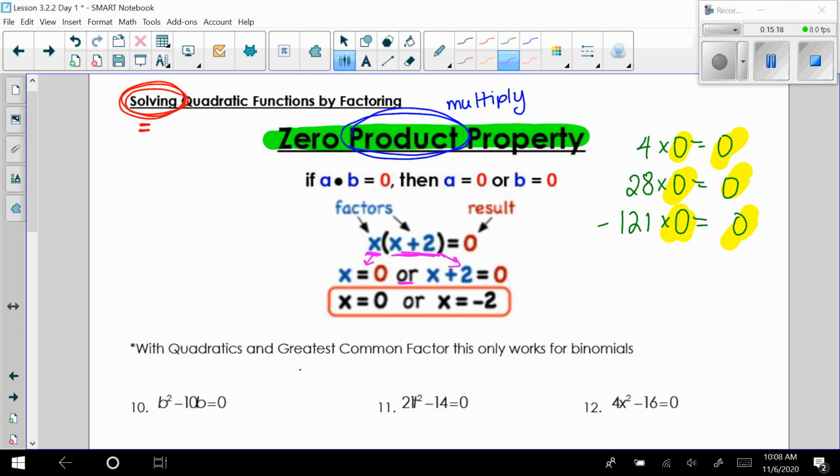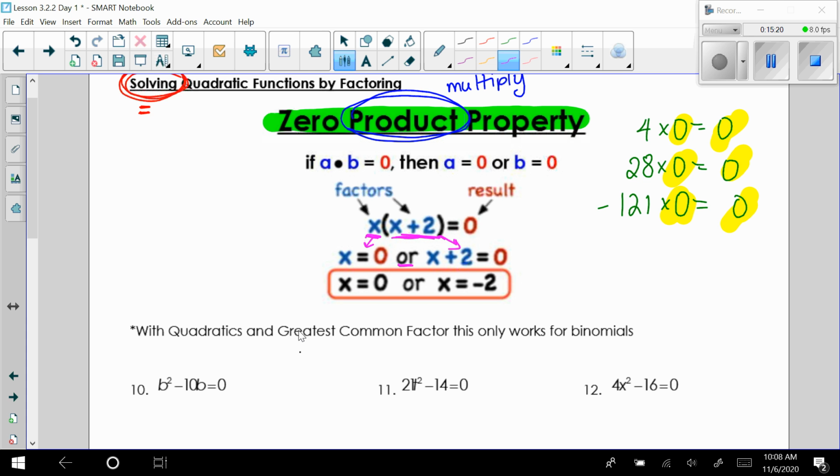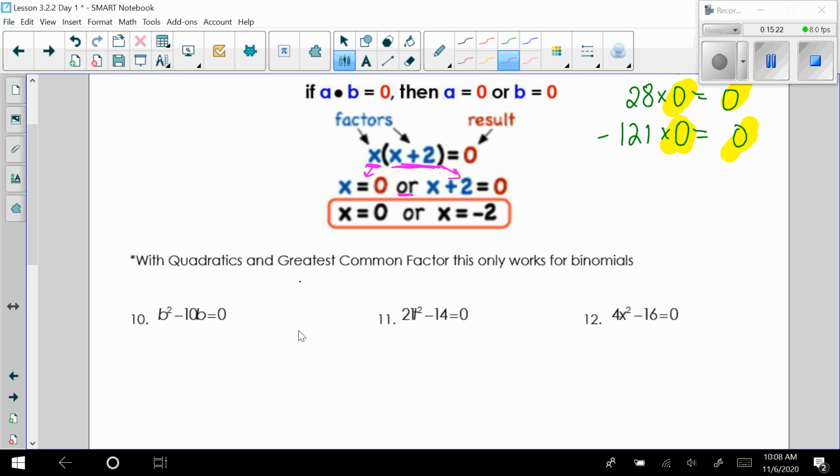All right. So you can see here, it says with quadratics in GCF, this only works for binomials. So that's two terms. And that's what we're going to look at right now for the notes.